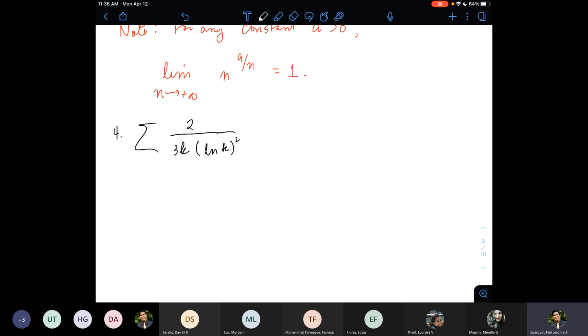3k ln k quantity squared, and why this converges or diverges. Yeah, these two tests, the ratio and the root test, are very straightforward and mechanical in nature. As long as you have exponents and factorials, they would be nice.